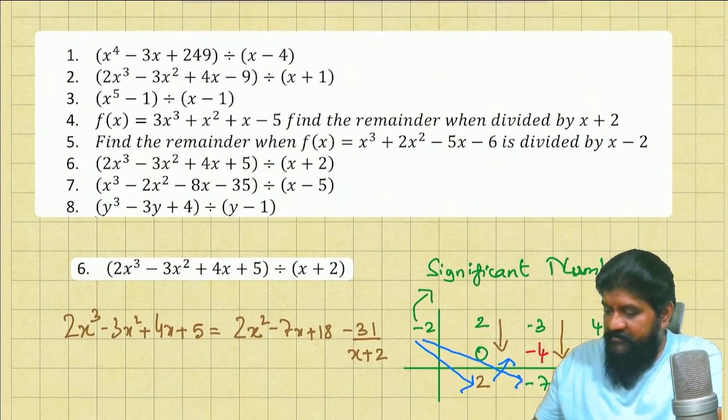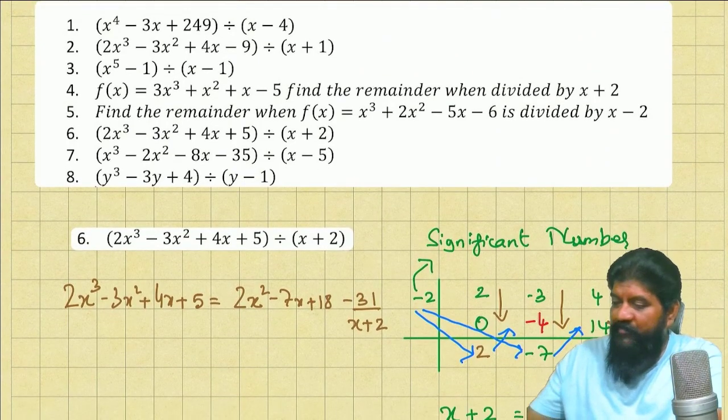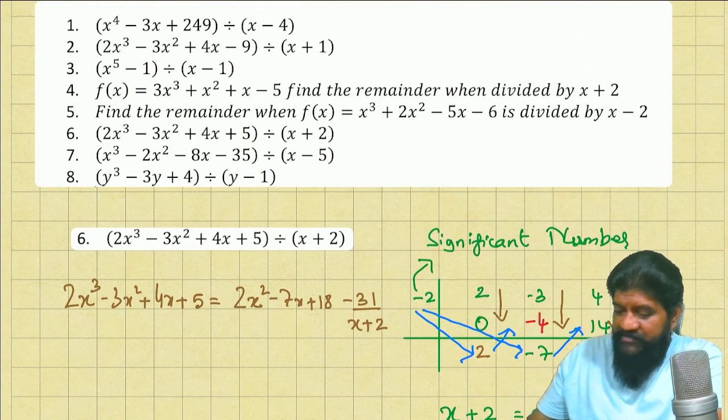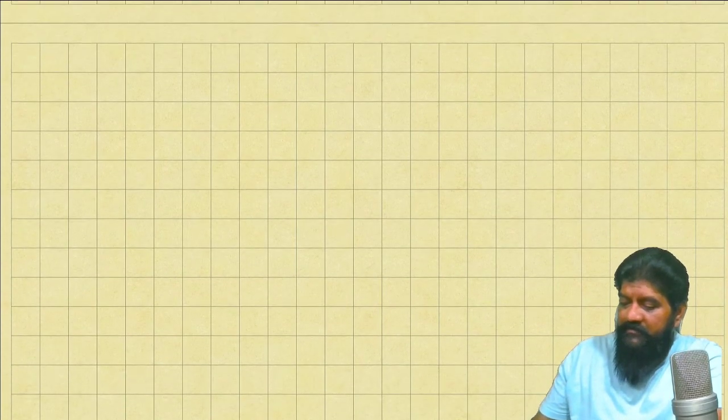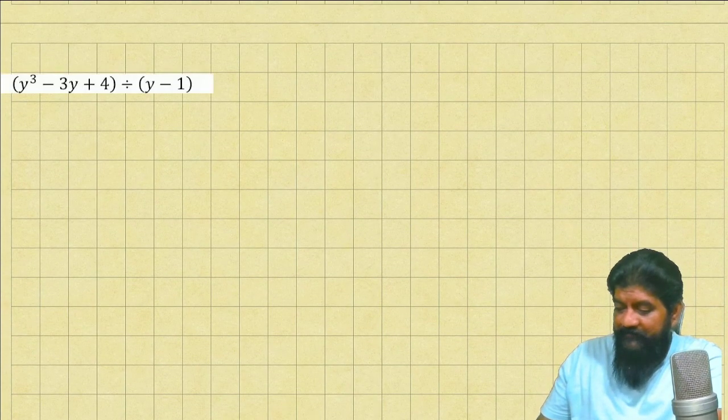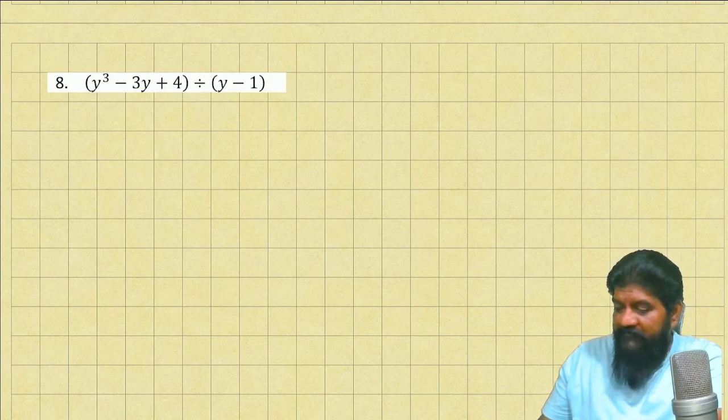Let's look at the 8th question. The 8th question is important for a reason. Why? Because if you look at it, there are certain coefficients that are missing. There are certain terms that are missing. One of them is a y-square term.